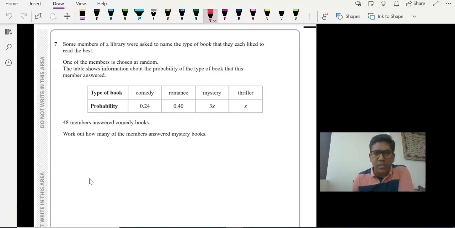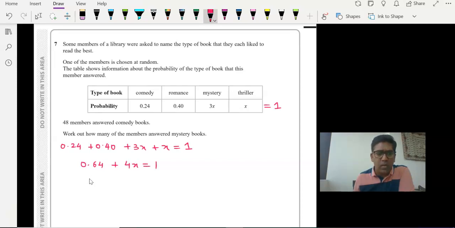Okay, so the first thing is we need to find out the probability for the missing ones. We know the sum of all probabilities is 1. So when I add up 0.24 plus 0.40 plus 3x plus x, it should give me 1. So 0.24 and 0.4 will give me 0.64. 3x plus 1x will give me 4x.